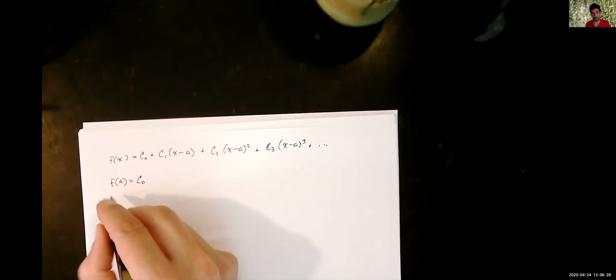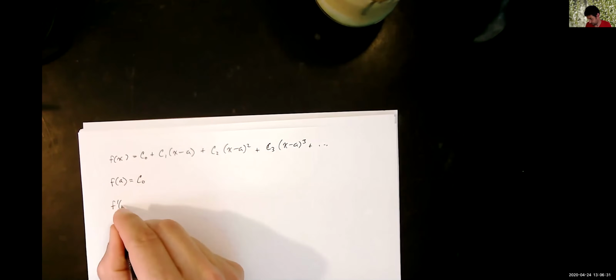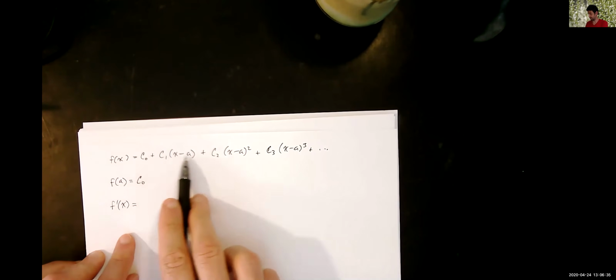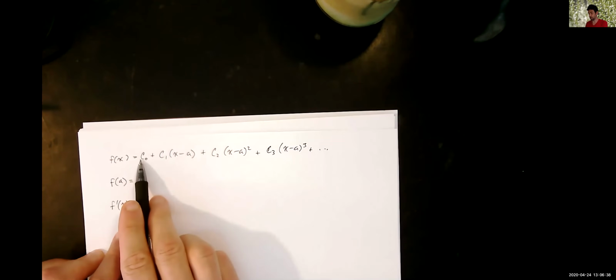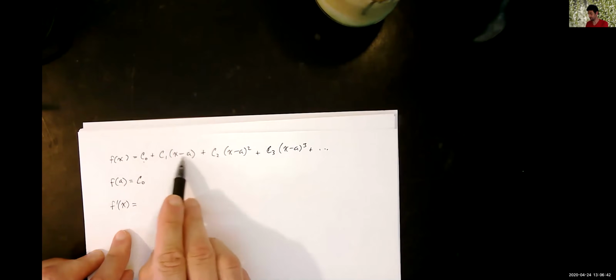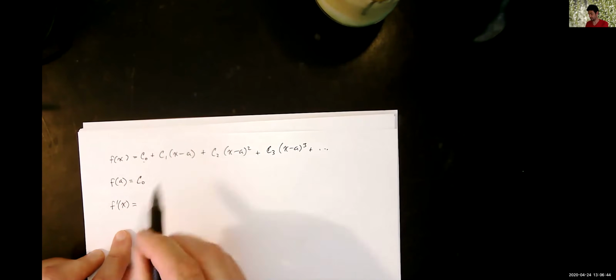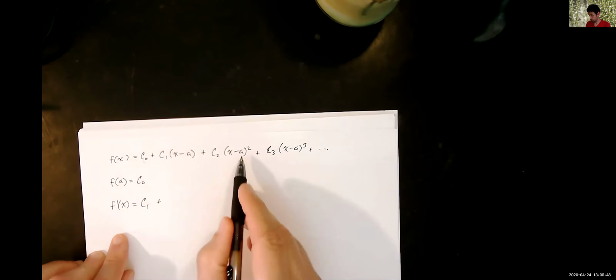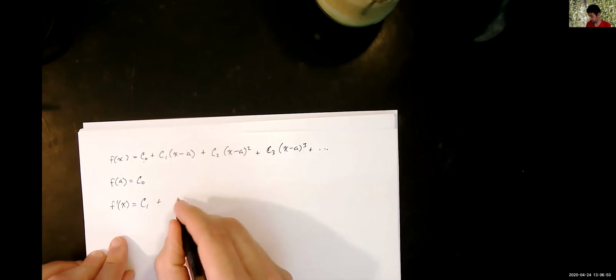So here's a little trick. Let's take the derivative of our function. Remember what we said about taking derivatives of power series: we can take the derivative term by term. This is a constant, it goes away. Here's a linear term. Its derivative is just c1. What happens over here? The 2 comes down.